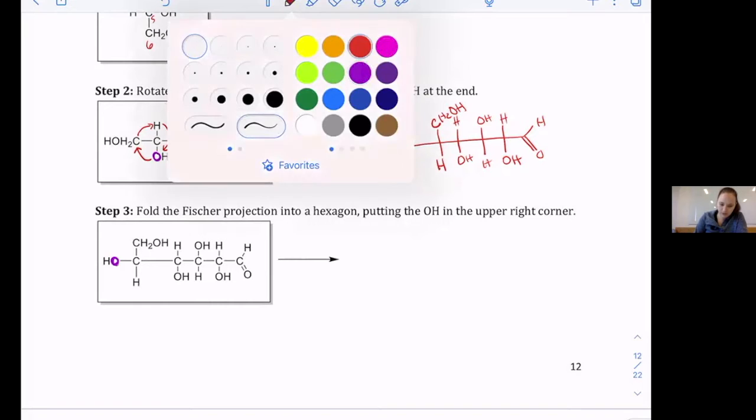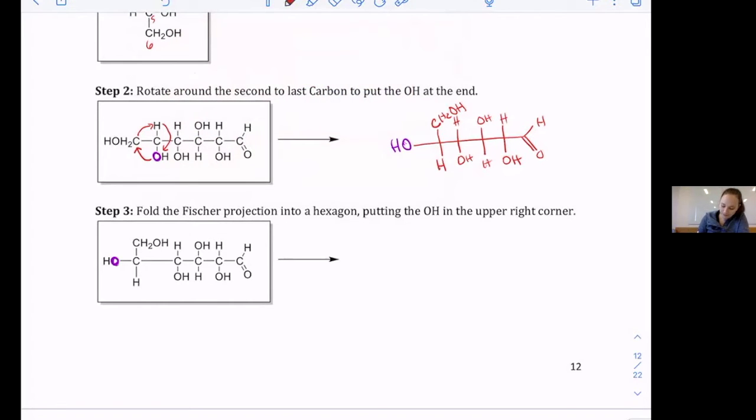So let's do red. Okay, I'm going to start right here. I'm going to put C's for my carbons just to start out so that it's more clear. I have my carbonyl carbon, and I'm going to draw it like this, where I have my oxygen and my hydrogen. Then I'm going to go down to my next carbon, over to my next carbon, up.